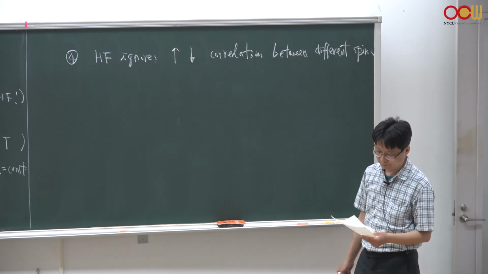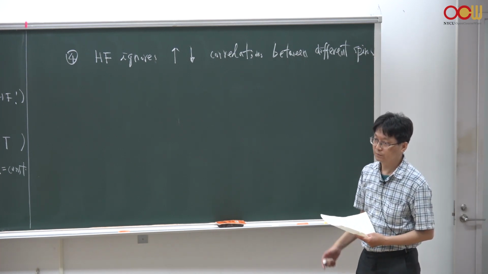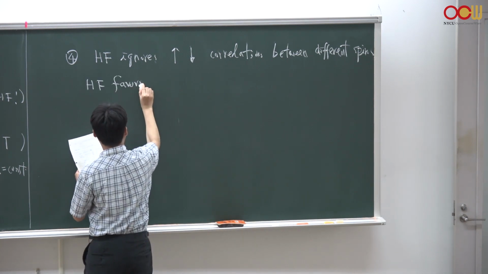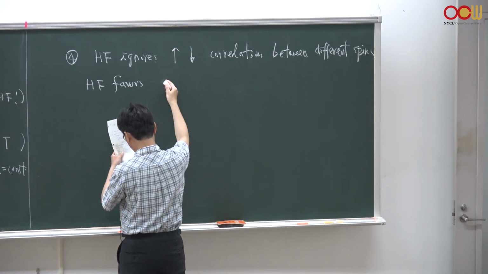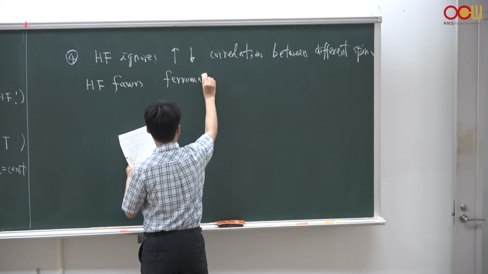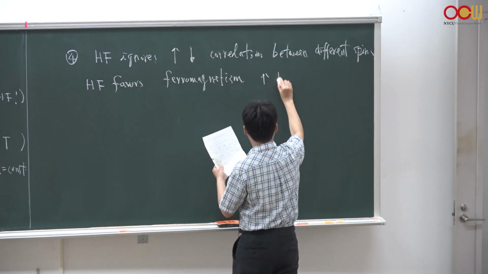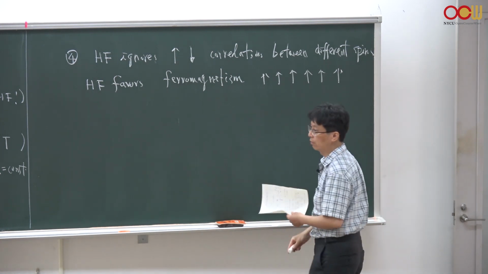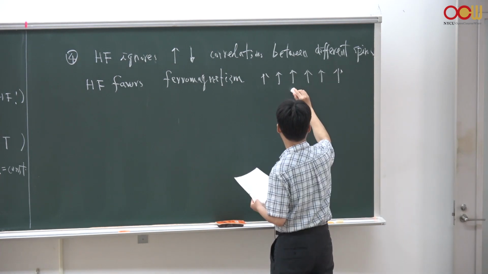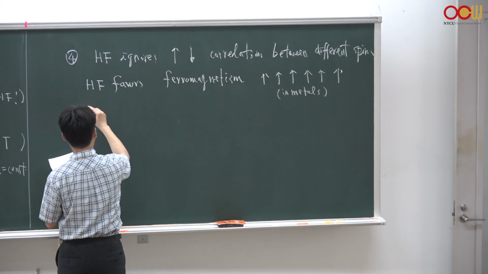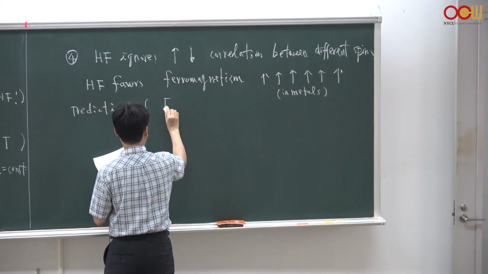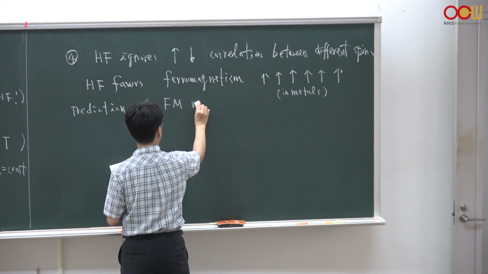Which means that the Hartree-Fock theory favors ferromagnetic couplings. We will see that in just a moment. It favors ferromagnetism, which means it favors the situation where all the electrons are pointing in the same direction in metals. So this leads to this prediction, of course a wrong prediction, of a ferromagnetic metal in Hartree-Fock.